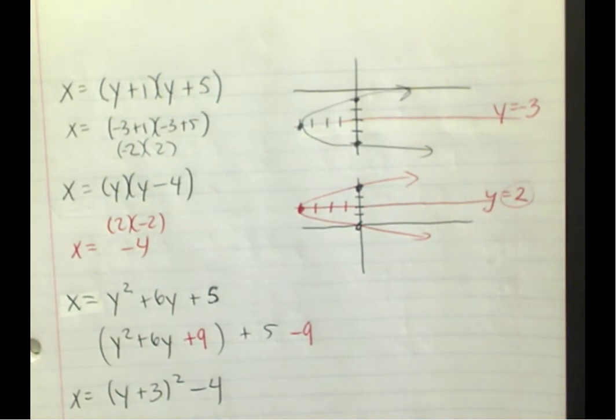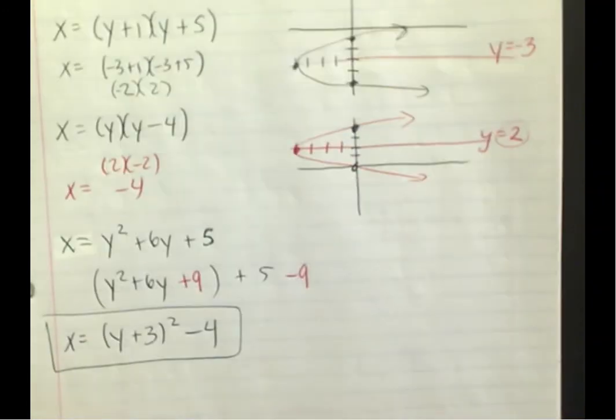It's actually the same as the first one that we did. Complete the square, guys. If it's not in vertex or intercept form, complete the square.